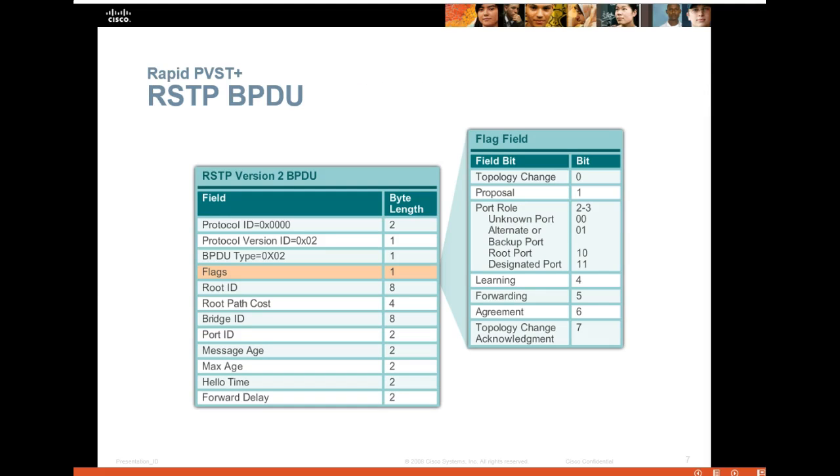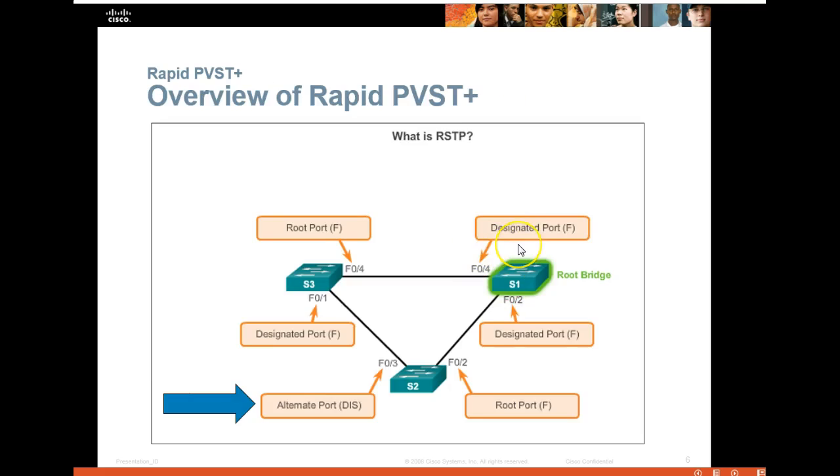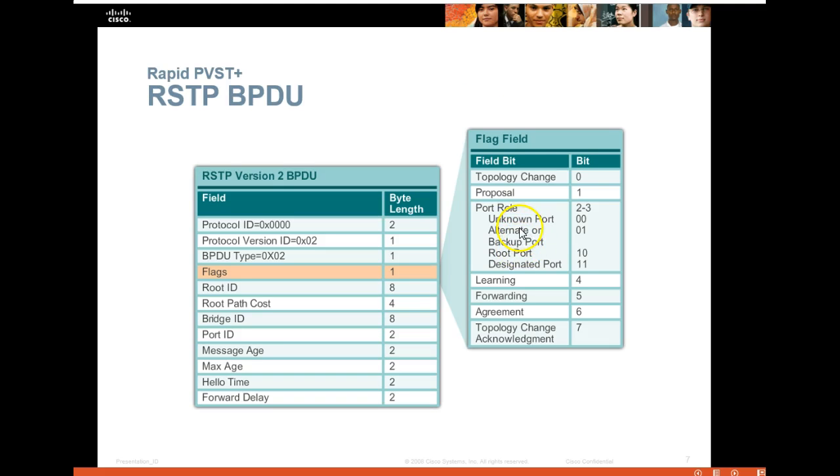In the RSTP bridge protocol data unit, the flag section here, you can see the learning and forwarding states, all of these flags, the port role: unknown, alternate, backup, root port, designated port. All of these little numbers, we could actually find those in Wireshark if we went looking. All right, so that's the bridge protocol data unit. Remember, 2-second hello time. If it misses a few hello times, it would start recalculating.